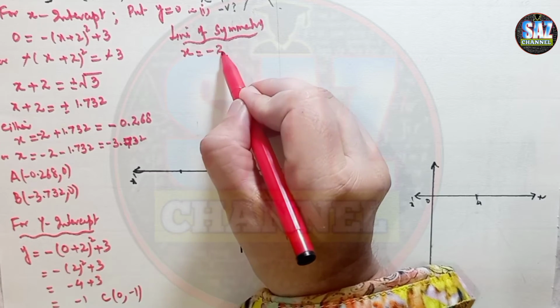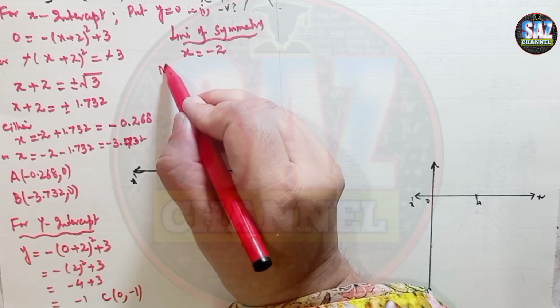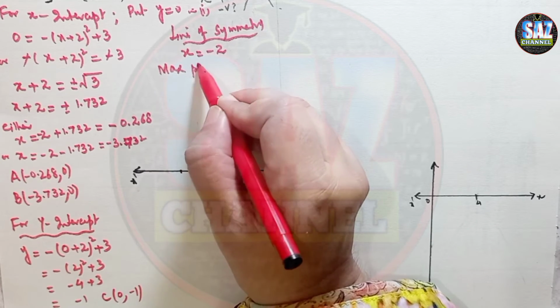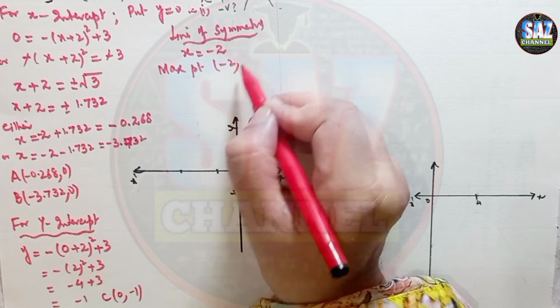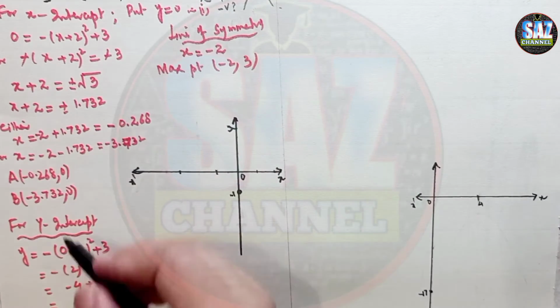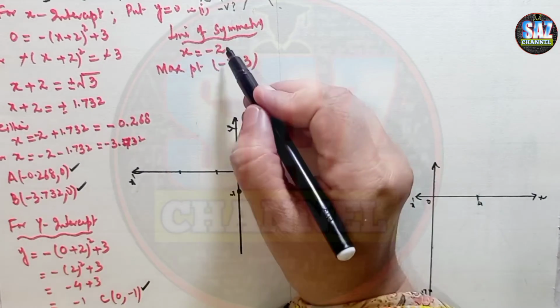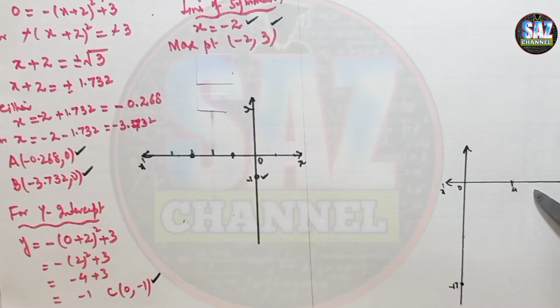So x equals to minus 2 is the line of symmetry, and the maximum point will be minus 2 and 3. Now I hope you are clear how we are going to sketch this type of curve, in steps 1, 2, 3, 4 and 5. So it's time to mark the points on the graph.